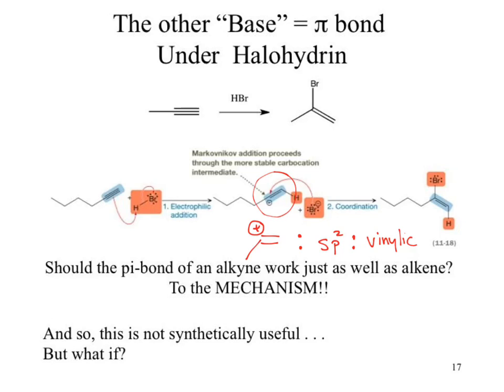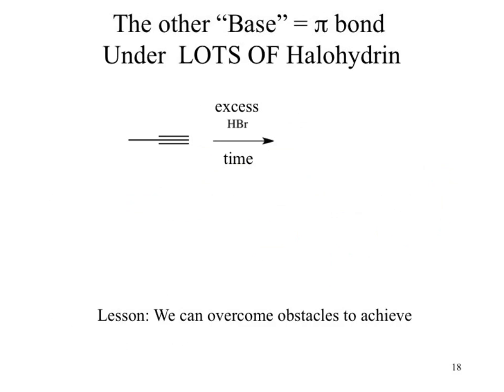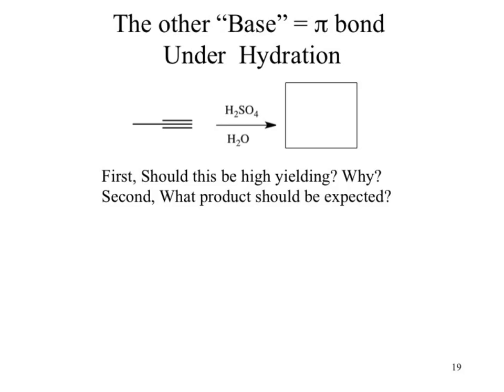But what if I changed my conditions around? The what if is if I add lots and lots of HBr and I give it lots and lots of time. What happens? Whoa!